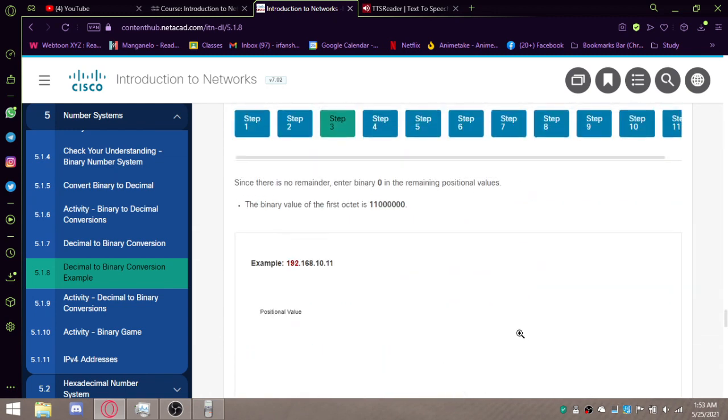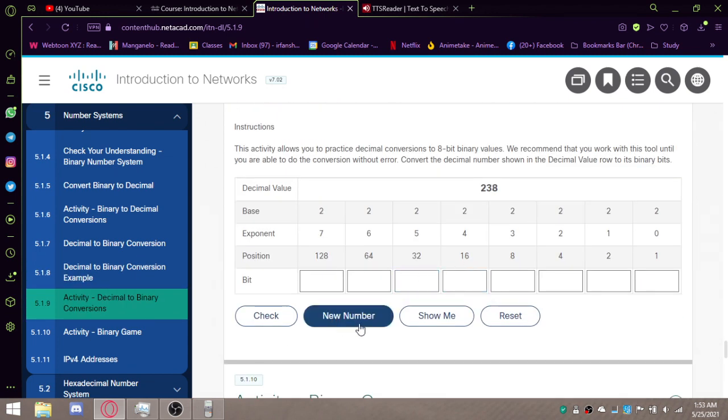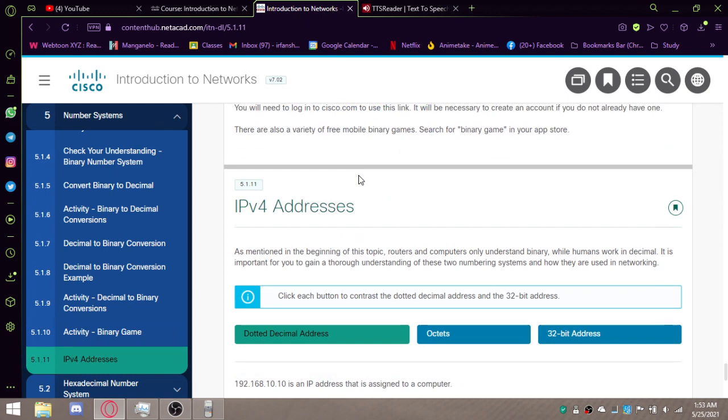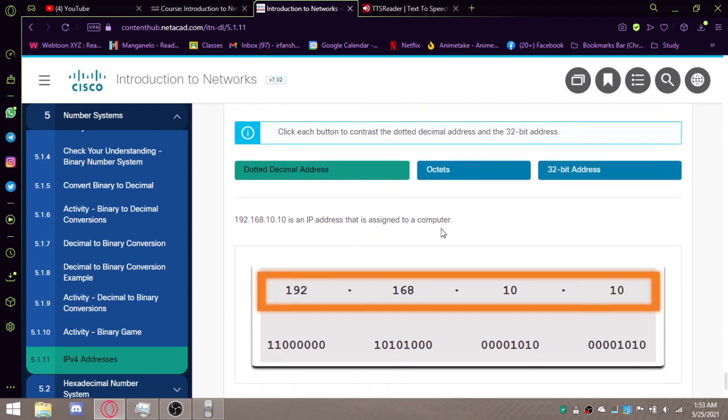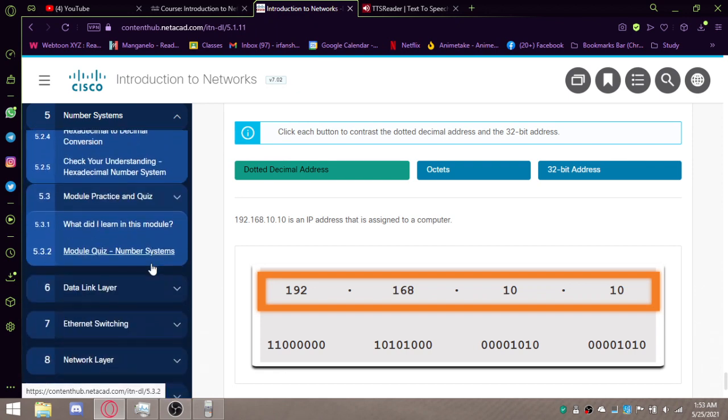So cara kira apa ni? Tak payahlah, tahu dah. Tak, dah simple je ni.